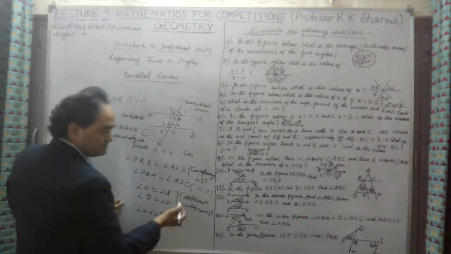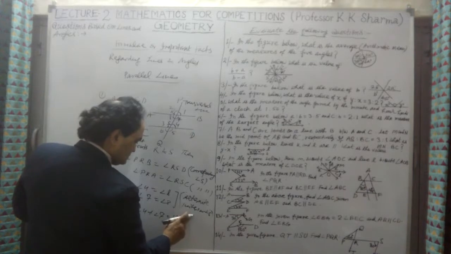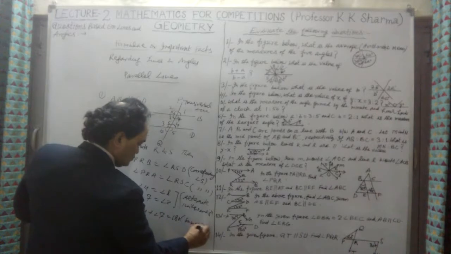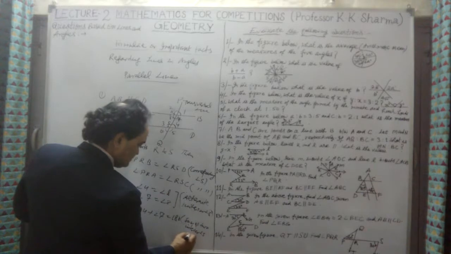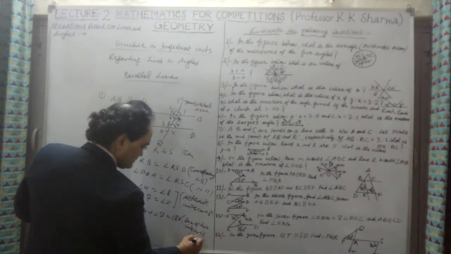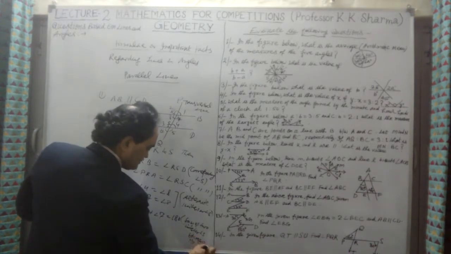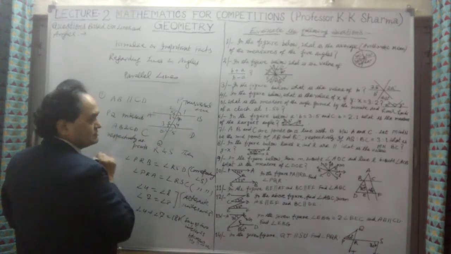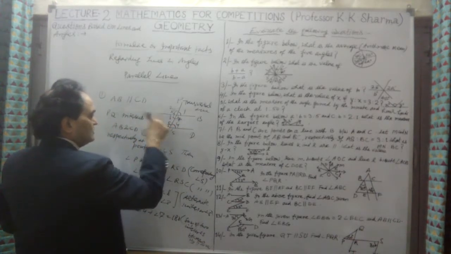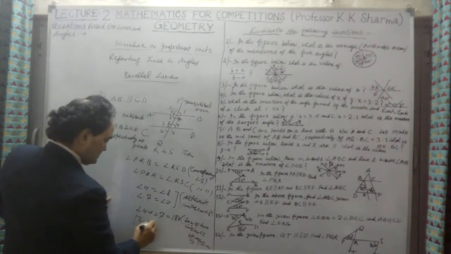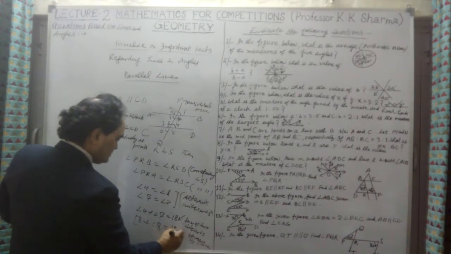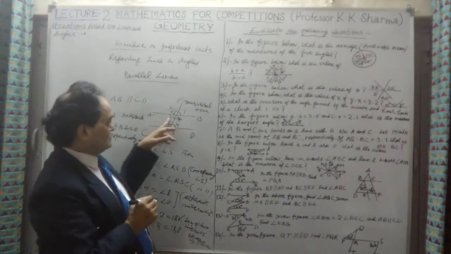So the sum of 2 interior angles between the parallel lines is 180 degrees. Angle 4 plus angle 7 is 180 degrees. Angle 3 plus angle 8 equals 180 degrees. So these are the interior angles.